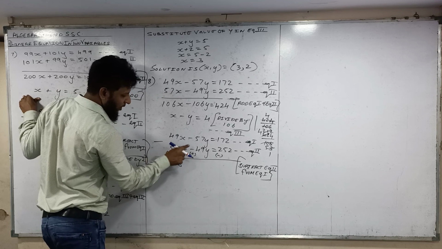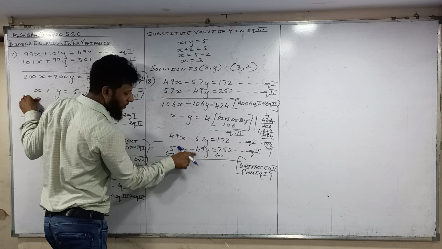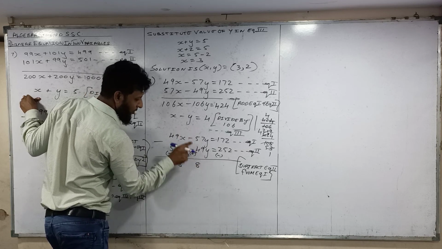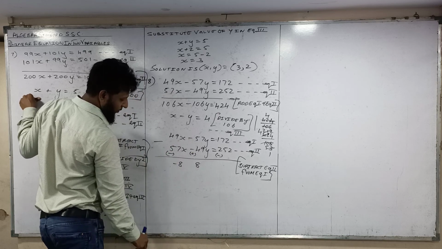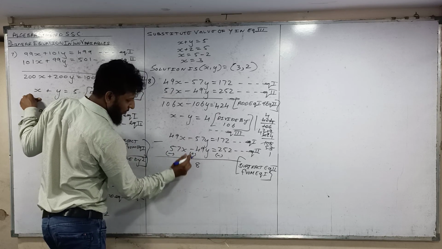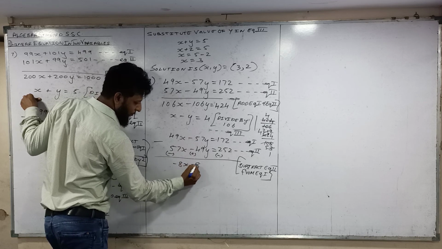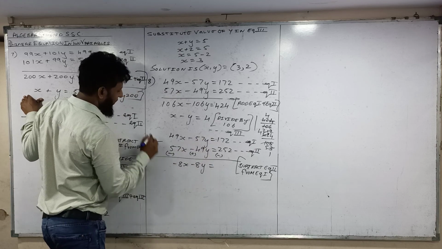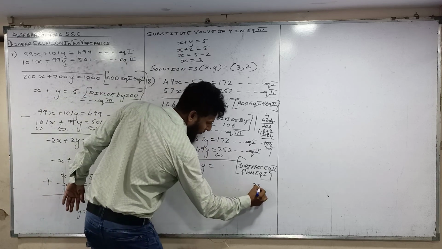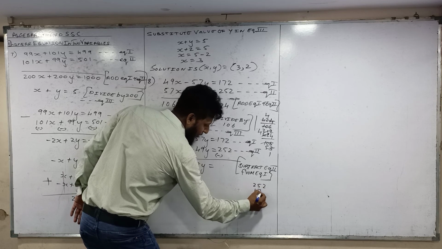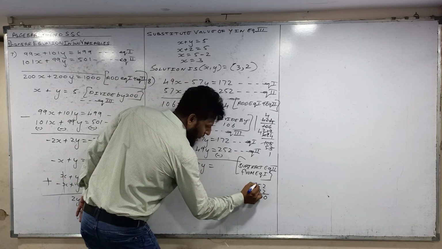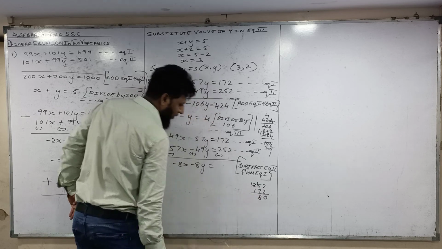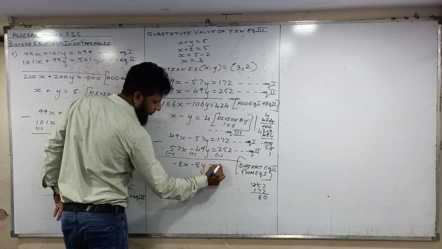Here also minus 57 plus 49, subtract 49 from 57, you will get 8 and the sign of the greater number, minus.